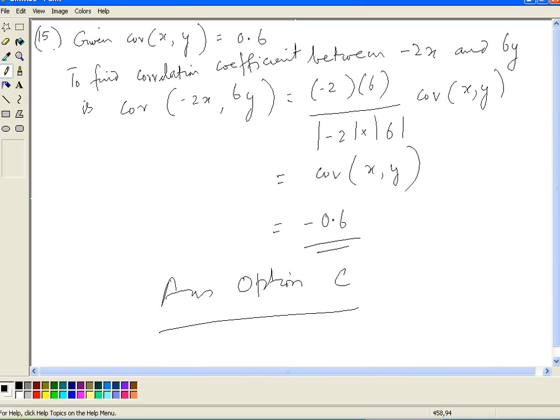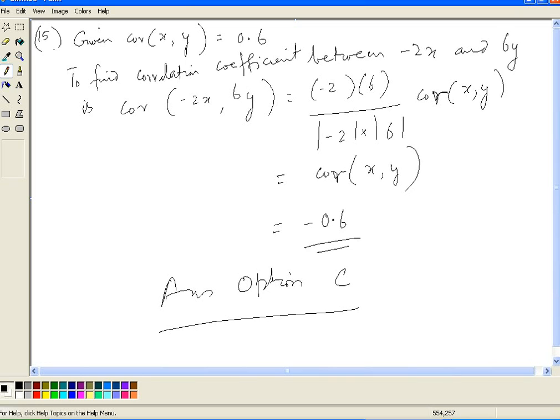Now to find the correlation coefficient between minus 2x and 6y, correlation of minus 2x comma 6y will be minus 2 into 6 divided by mod of minus 2 into mod of 6, into correlation of x comma y.